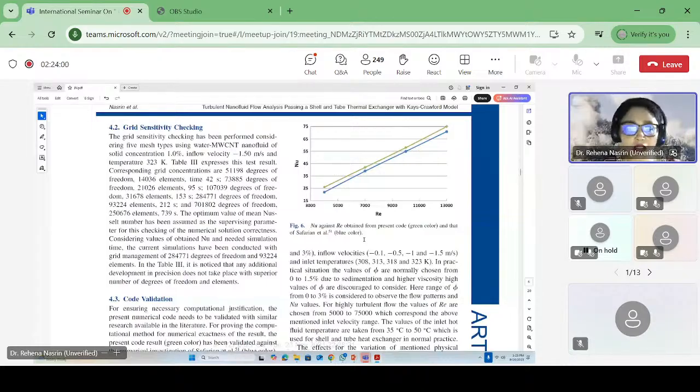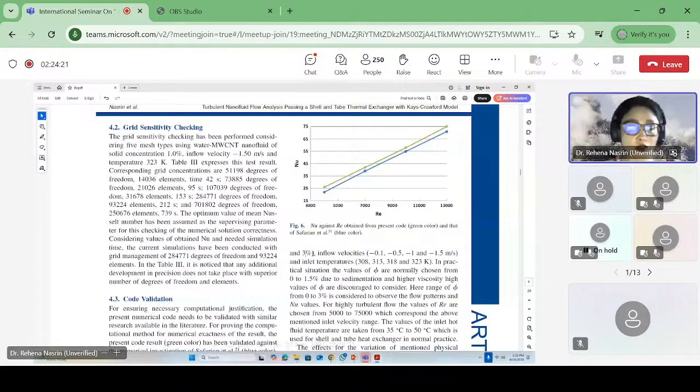After that, we go for a grid sensitivity check also. As I told you, there are different types of meshes, and when we go for a finer mesh, the time taken is more.